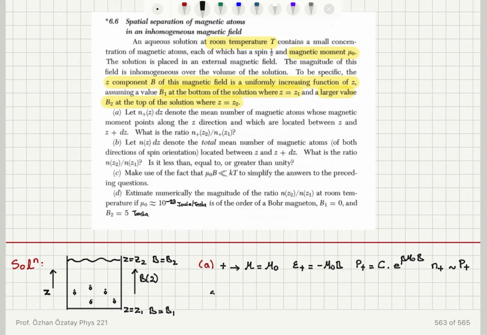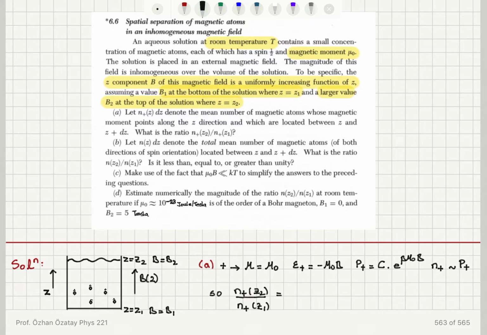So we can write the ratio of the concentrations, the mean number of magnetic atoms at z equals z2, that is pointing up, divided by that at z equals z1.